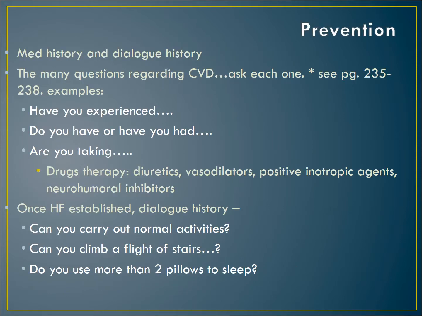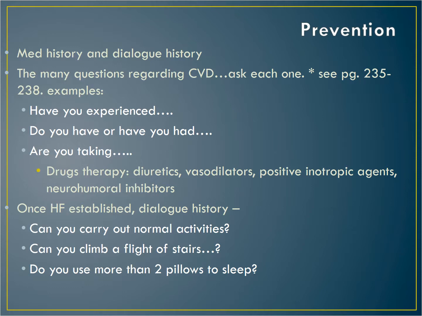Med history and dialogue history. You want to ask your patient, have you experienced, do you have, or have you had? And then you want to start to get into the drug therapies. Are they taking their diuretics? Are they taking any vasodilators? So again, we're going to go through this in pharmacology also, but I want you to start thinking about what these are.